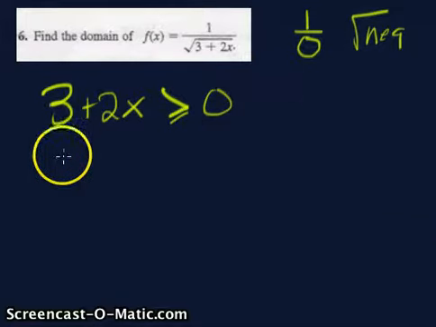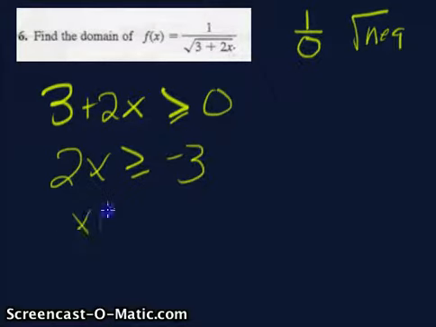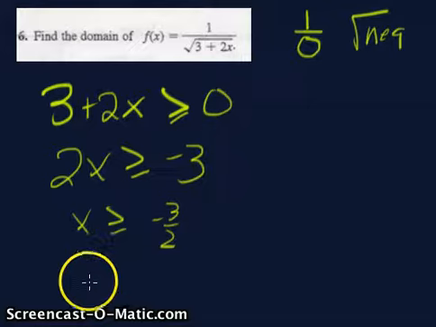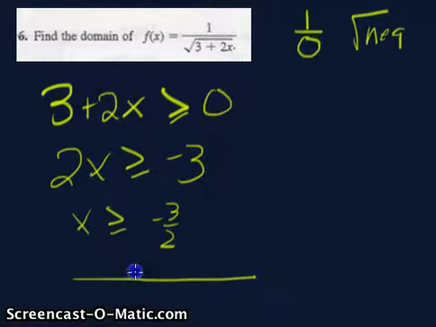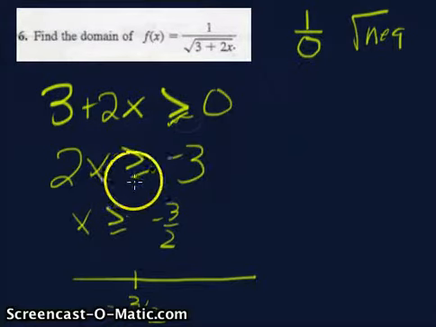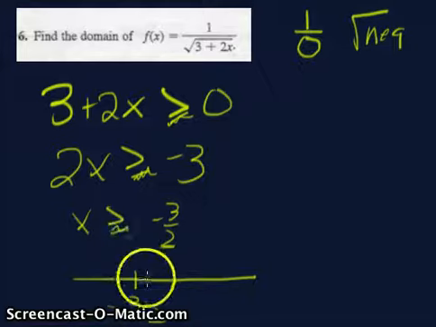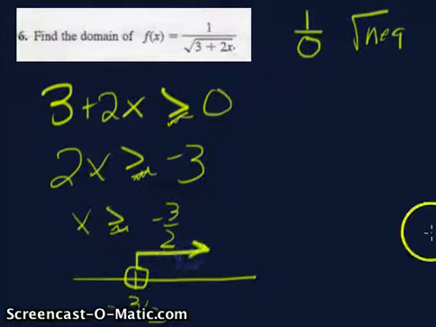Let's solve this. 2x is greater than negative 3. x is greater than negative 3 halves. In our previous knowledge, we knew to graph this as a, now wait a minute, it can't equal 0, so it's got to be just greater than 0. What is that? That's an open circle and an arrow going that way.